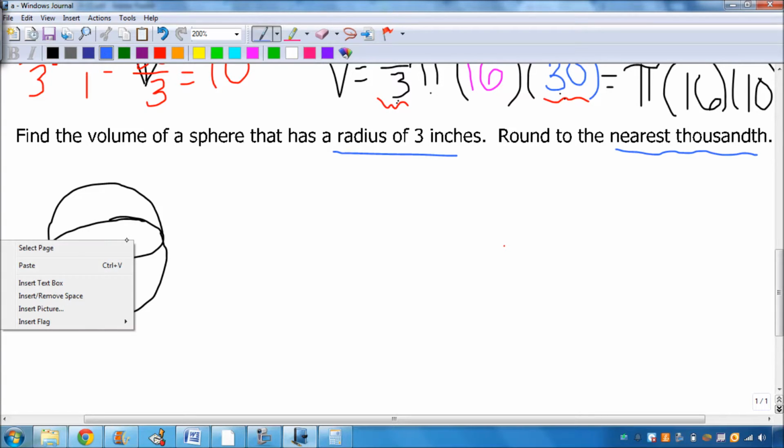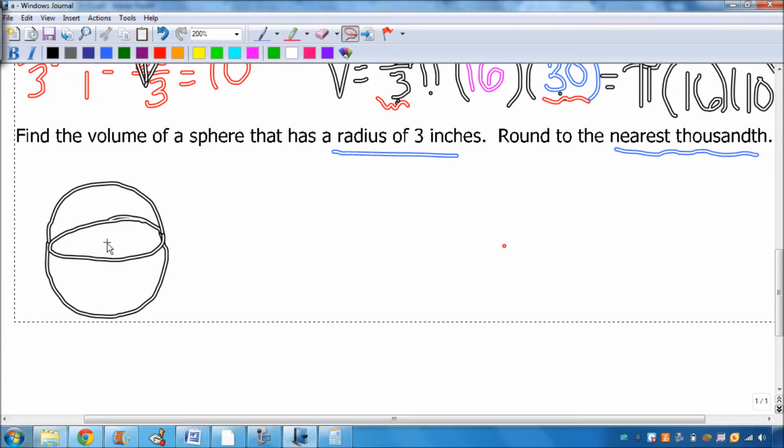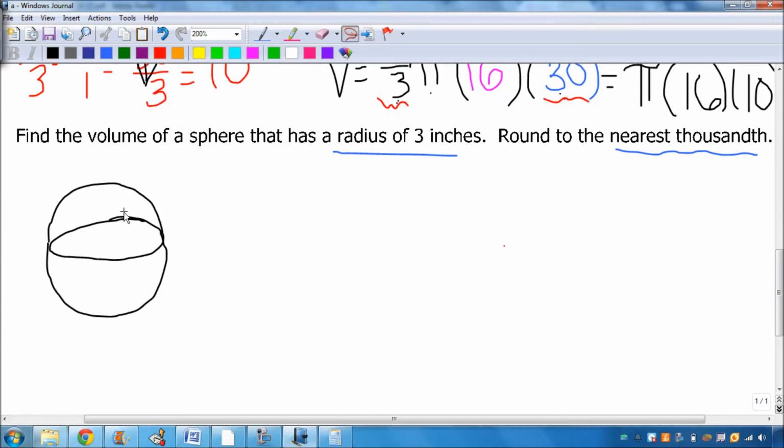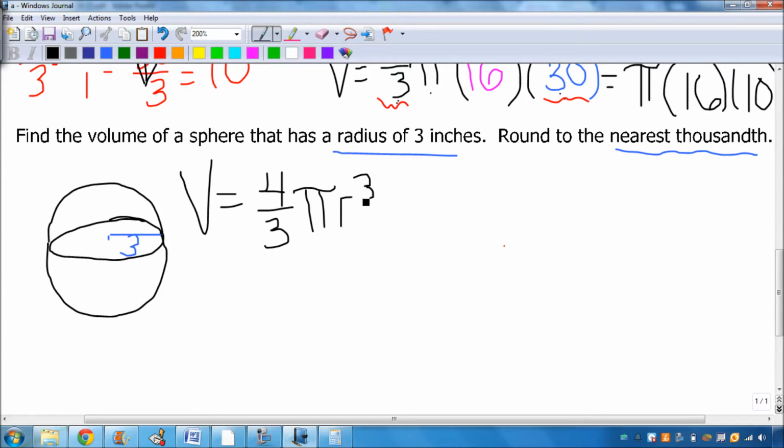So from the center right here, all the way out, we have a radius of 3 inches. So this is 3. Now we have to use the formula for the volume of a sphere. The volume is 4/3 pi r cubed. And the r value in this example is 3.